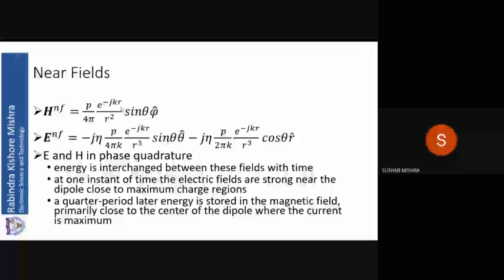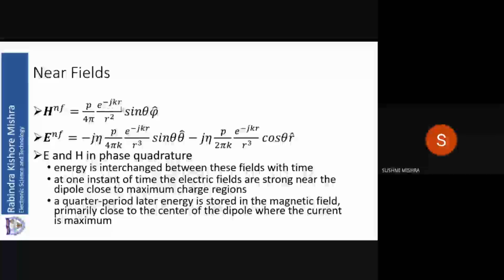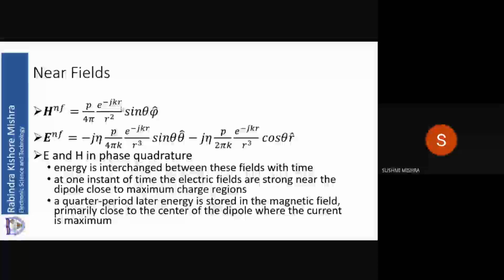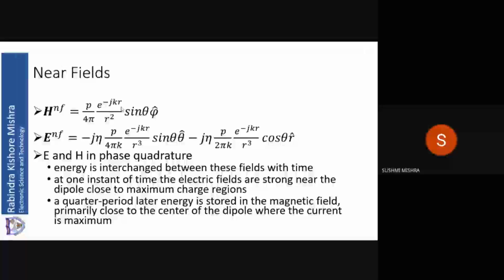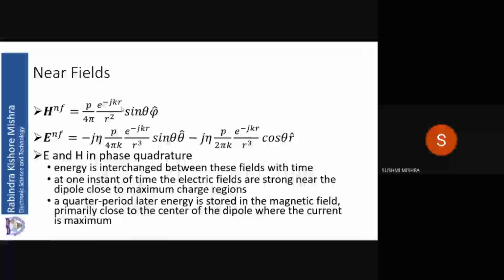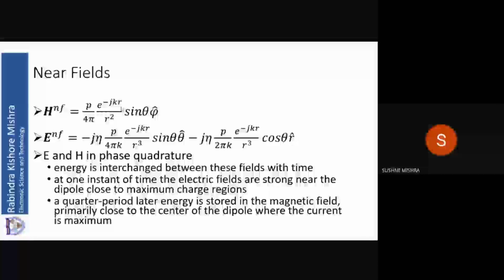And you also know that phase difference is equal to 2 pi by lambda times path difference. So there is a relationship between phase and path. Now we are dividing by k, which is 2 pi by lambda, which means there is a phase difference between H and E. How much phase difference? It is 90 degrees because it is lambda by 4, so that gives you 90 degrees. So E and H are in phase quadrature.